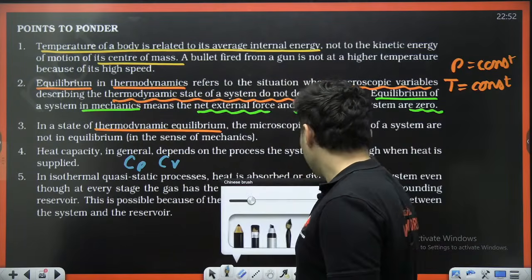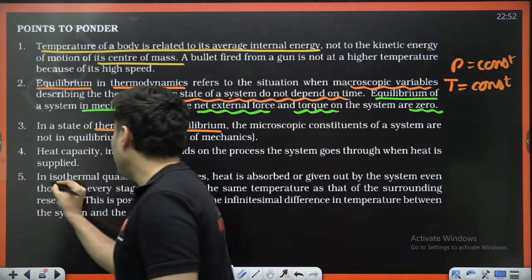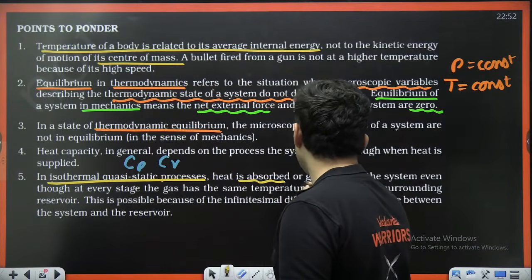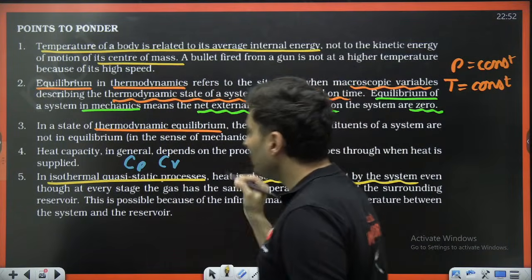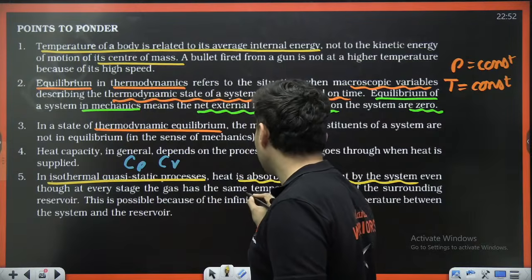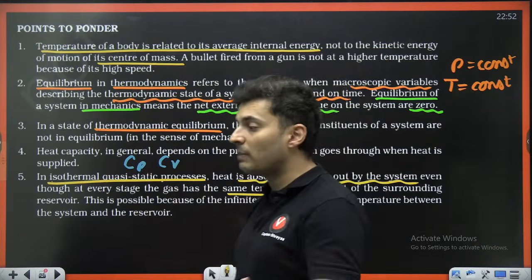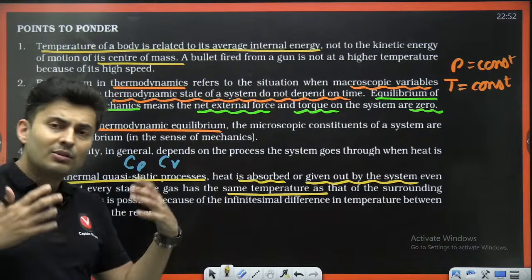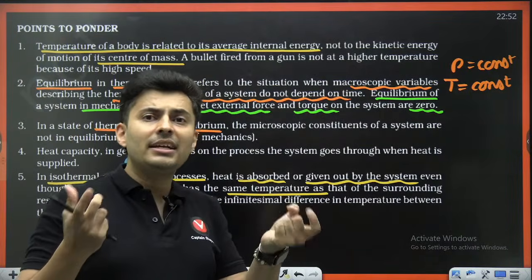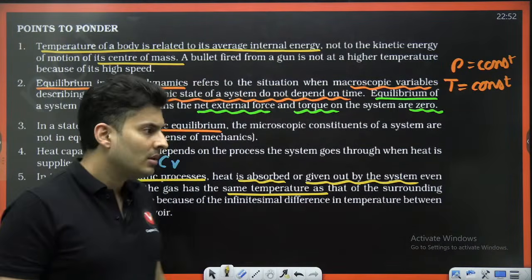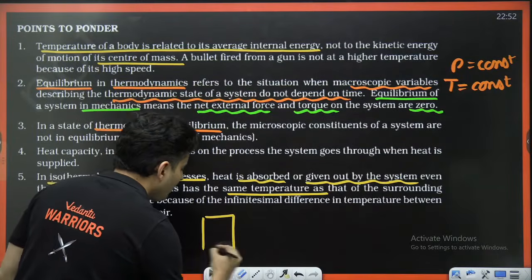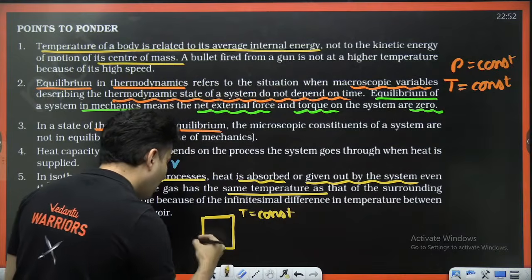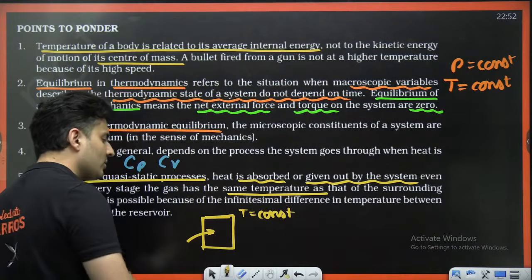A lot of people have the confusion over here: sir, temperature is not changing, so how come heat is absorbed or given? If temperature is constant, how come heat is entering or going out?